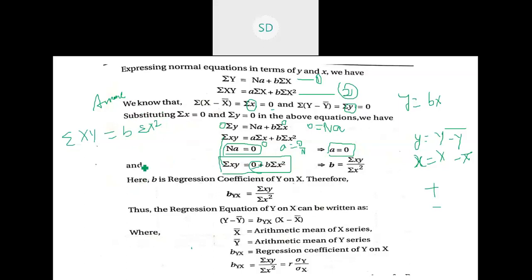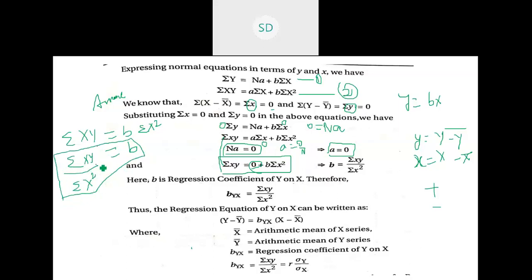Now, if we keep b as it is and send x square to the other side, what will be the expression now? Summation xy divided by summation x square is equal to b. Correct? So, to calculate the value of b, I got the basic formula, that is summation xy divided by summation x square.